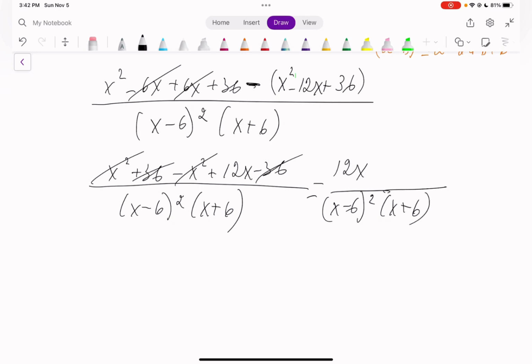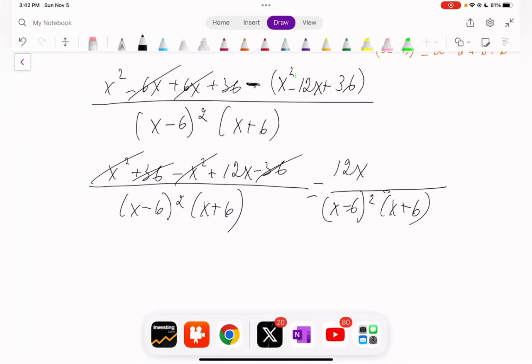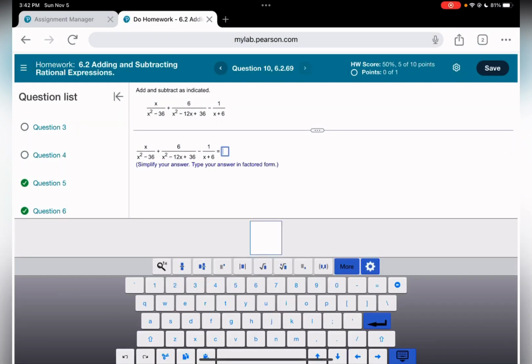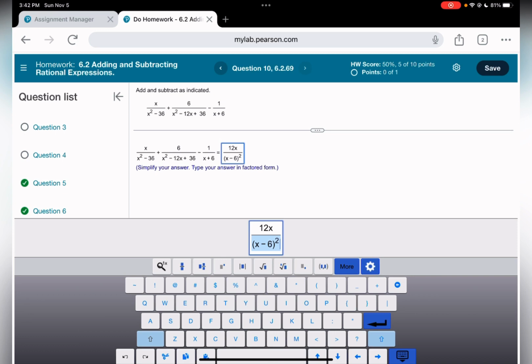Well, I will remember this much. 12x divided by parentheses x minus 6 squared times x plus 6.